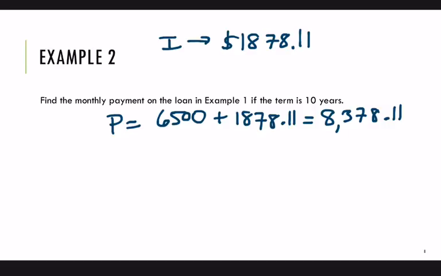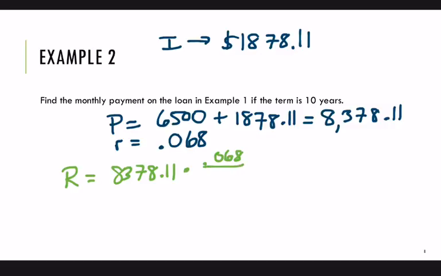The interest rate, we know that as well. This is from example 1. The rate was 6.8%. So we're going to go with 0.068 to use in this formula. The next step is to substitute those variables in. So we have the regular monthly payment is the principal times rate over 12, so 0.068 divided by 12.